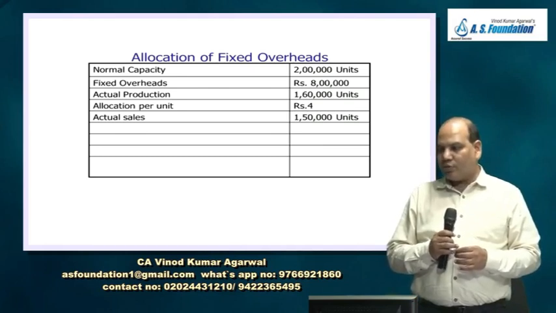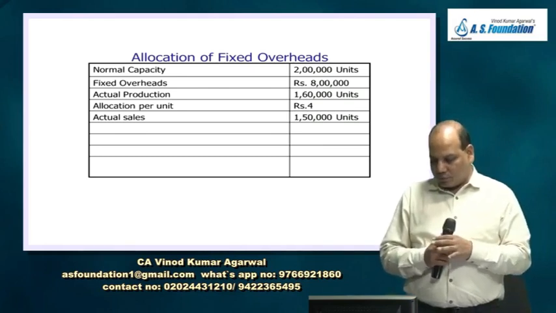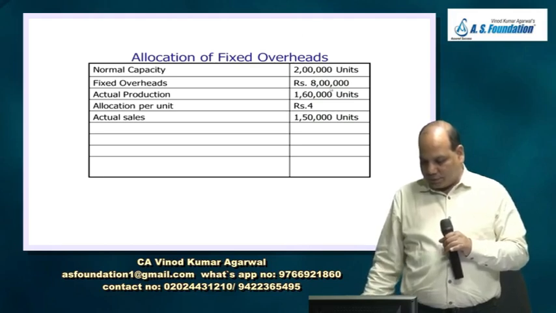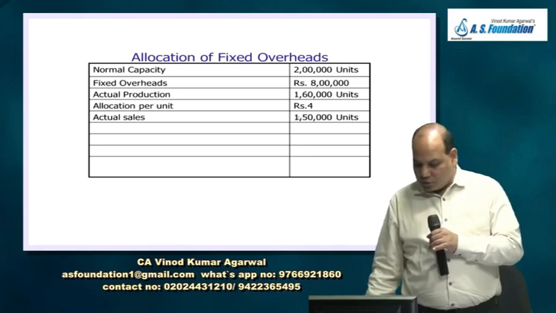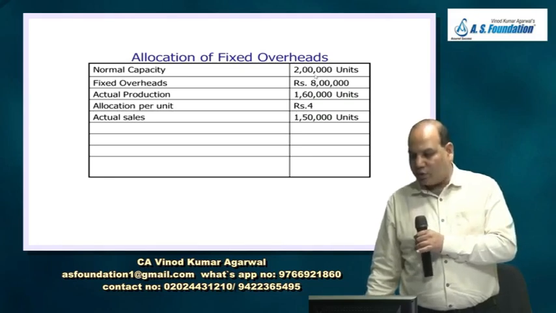Allocation per unit rupees 4. Why 4? Why not 5? I will take 8 lakh divided by 2 lakh, not 8 lakh divided by 1,60,000. So this 4 rupees is equal to 8 lakh by normal capacity.